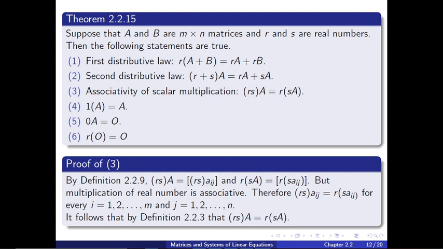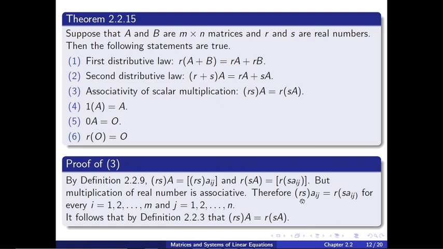And if you multiply R by SA, it means that the entries of SA were originally S times Aij, and then you multiply by R, so that's why the bracket is there, right? But the multiplication of real numbers is associative. So in other words, and remember that all these three inside there are real numbers, so we know that the set of real numbers is associative under multiplication.